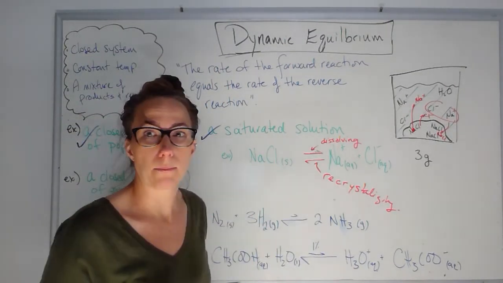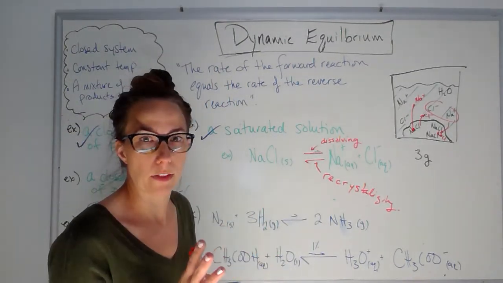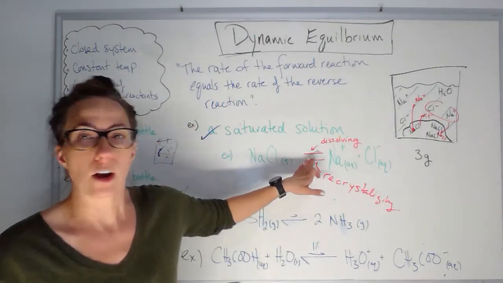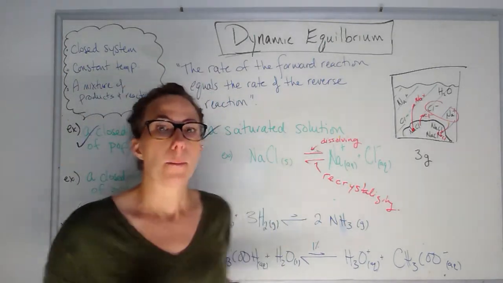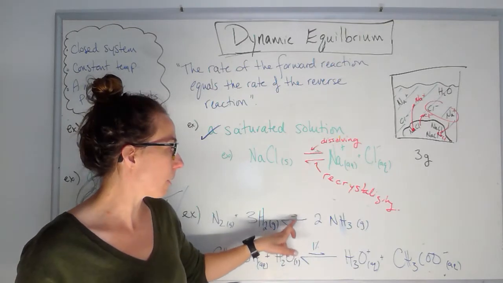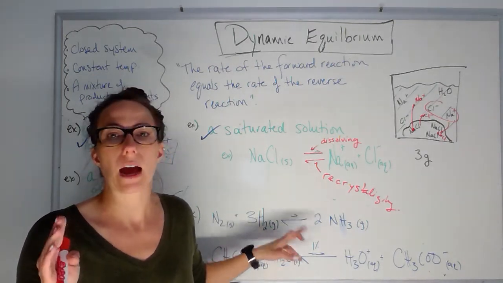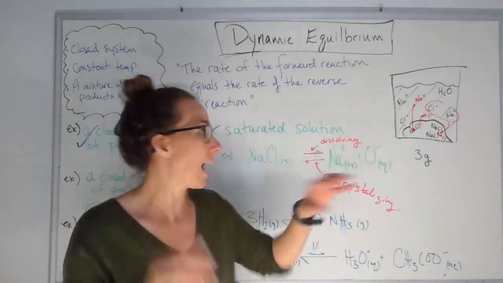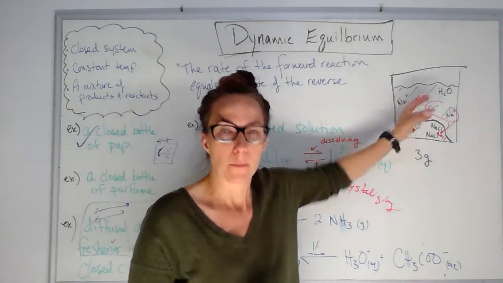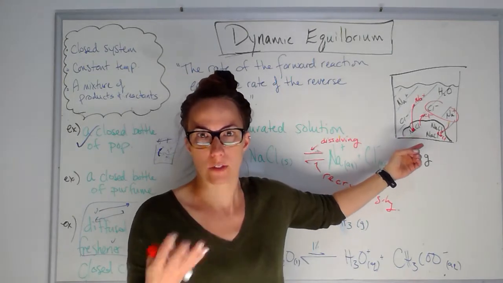Okay, so what else did I want to say to you about this? Oh yes, sometimes we don't write our arrows perfectly equal, but rather sometimes we make them different lengths. And that's to show you, like, if I have this pile, because I know that I can dissolve a lot of sodium chloride, right?